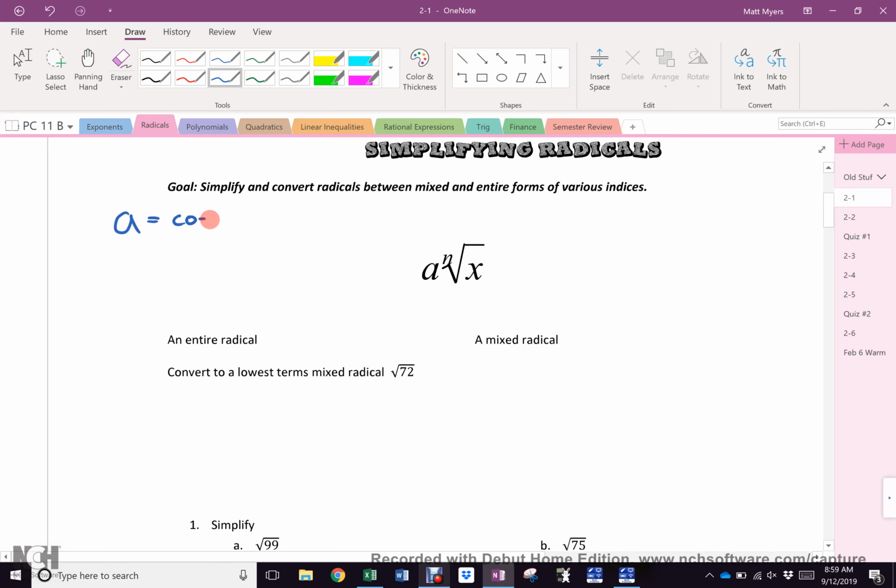A is a coefficient, which means it multiplies the next thing. And that coefficient comes from under the radical sign.